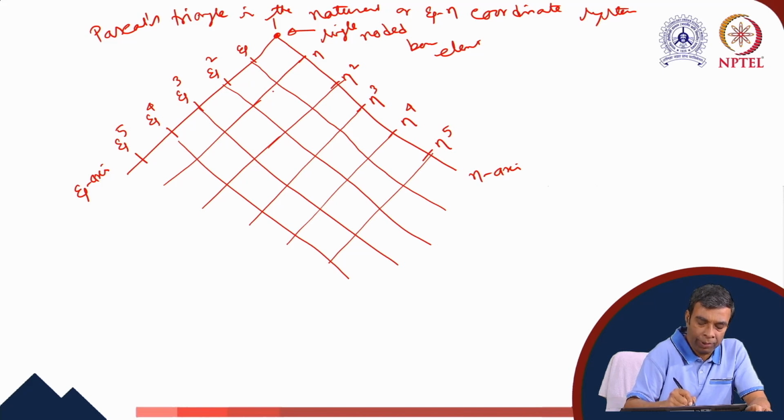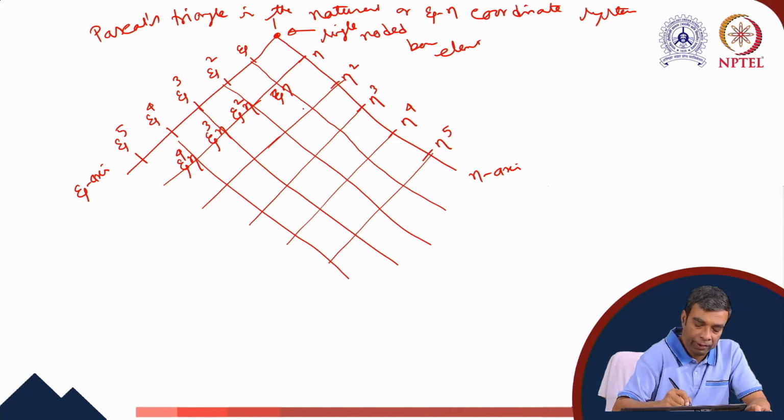So this coordinate will be xi eta. Along this axis, xi square is constant, so we get here xi square. Here eta is constant, so it is xi square eta. So this should be xi cube eta, and this should be xi to the power 4 eta.